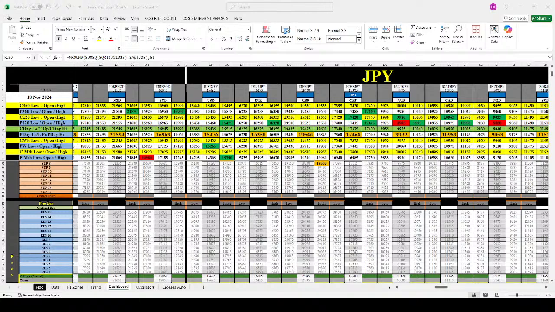Now we are giving signals for all the majors plus gold: euro dollar, pound, dollar yen, dollar Swiss, Aussie, Canadian, New Zealand, Sing dollars, then gold. Every day you'll be getting signals. In the same manner we are going to start with Dow Jones, Nasdaq, and S&P. A lot of things to look forward to.